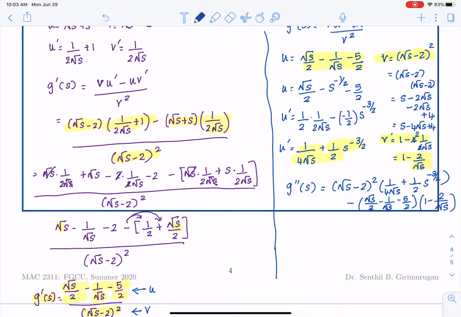And the entire thing divided by square root of s minus 2 squared.